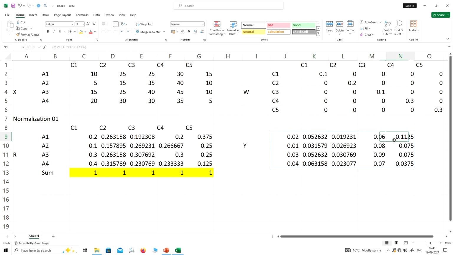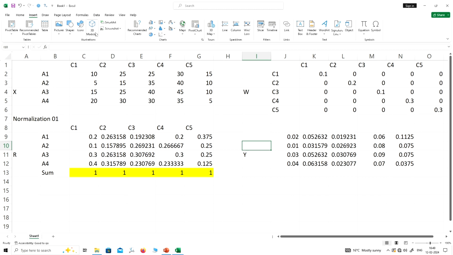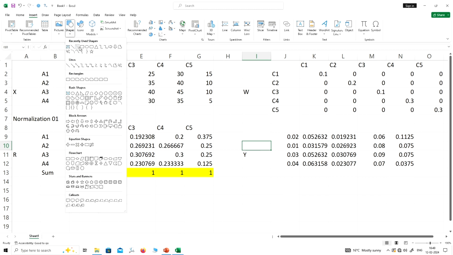So, once you have this, these are the multiplication of the normalized score with the weights, which is important, and we will consider and mark it as Y. I will put the arrows in such a way that it will be easy for us to follow.